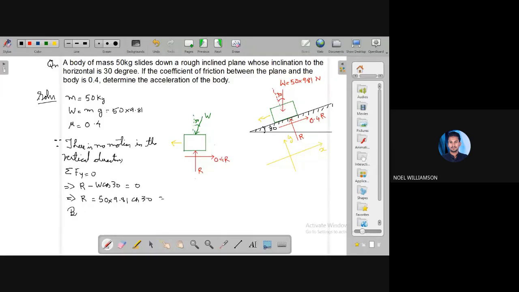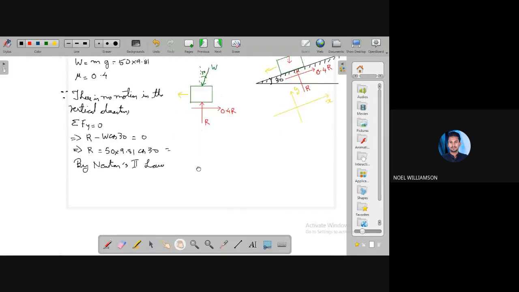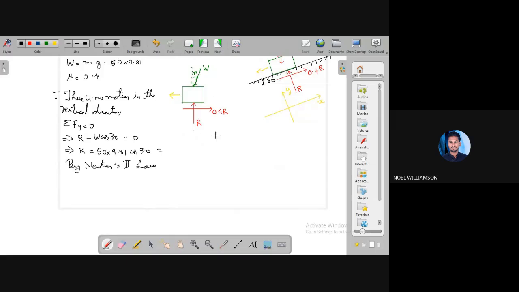By Newton's second law, we can write forces along this direction, towards the left side, taken as positive.